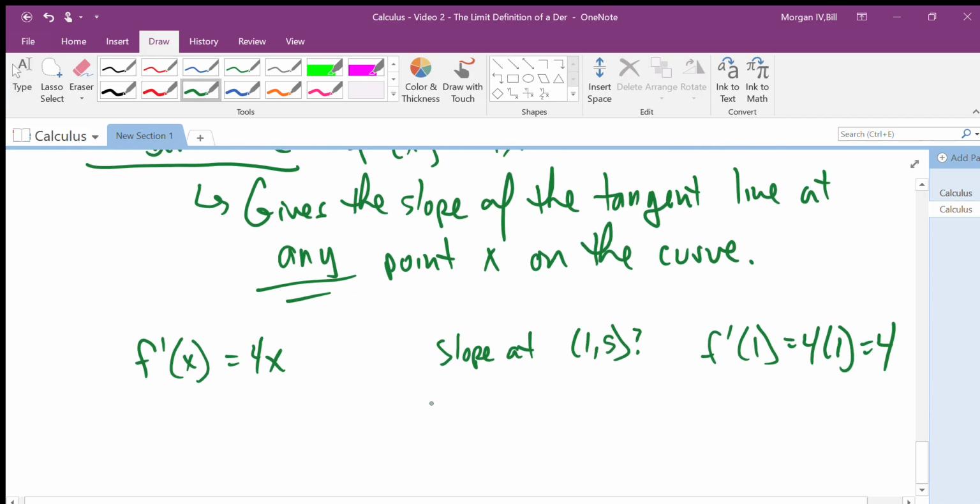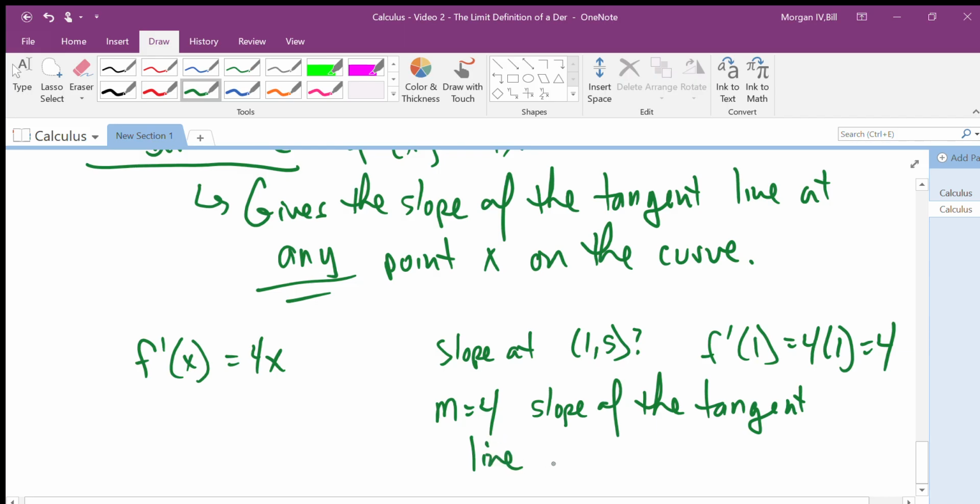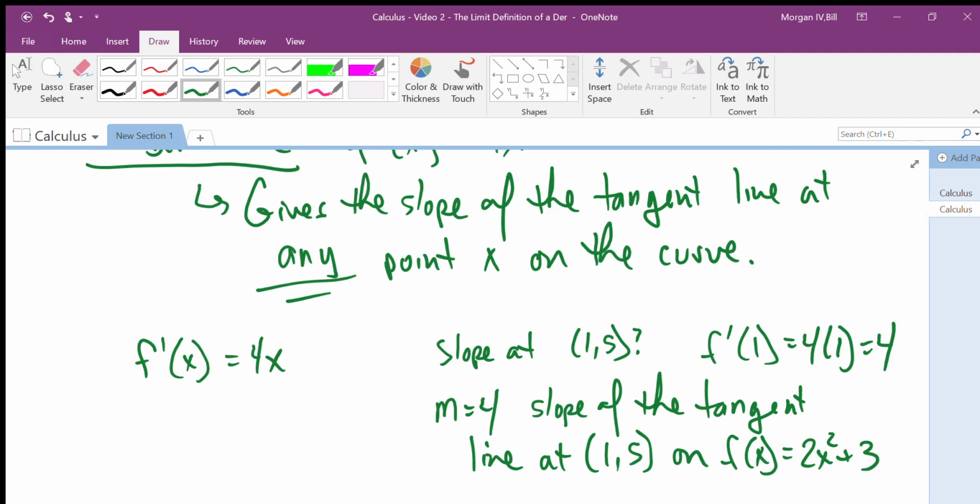What we're saying here is m equals 4 is the slope of the tangent line at the point 1, 5 on the graph of f of x equals 2x squared plus 3. So we found the slope. The slope of that tangent line is 4. That's great. That's really all I asked for.